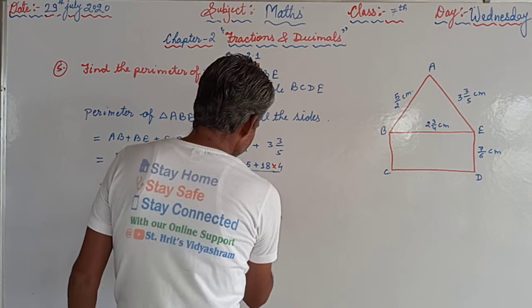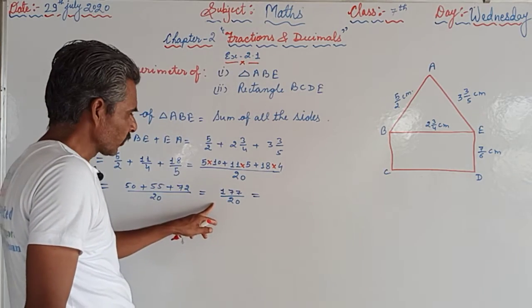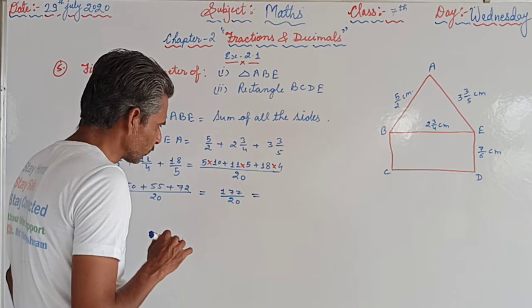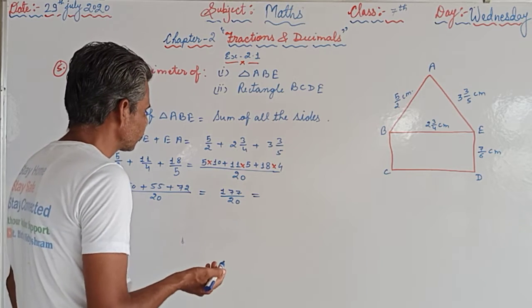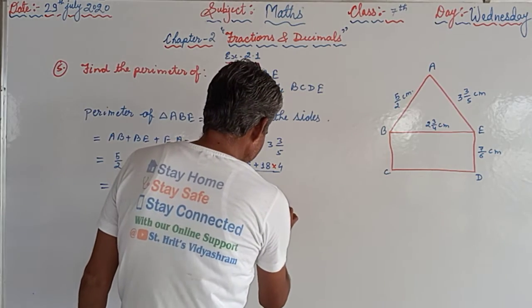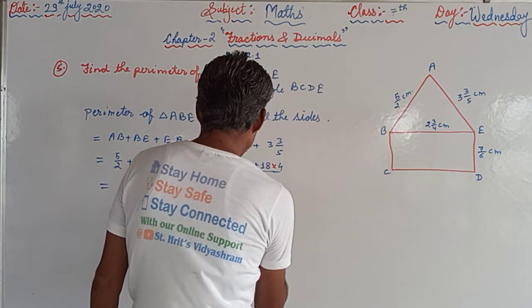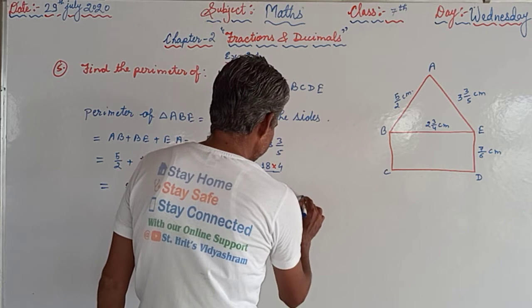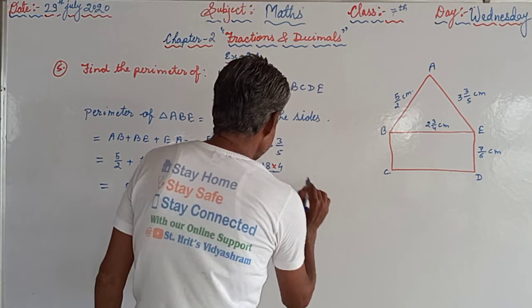So this will be the answer. Afterwards we are supposed to convert that improper fraction into a mixed fraction. To convert to a mixed fraction we divide 177 by 20. So 8 times we can divide, and afterwards the remainder is 17 upon 20, that is in centimeters.